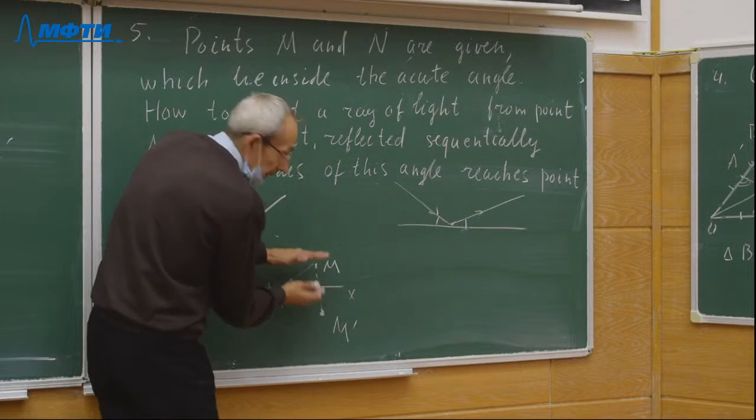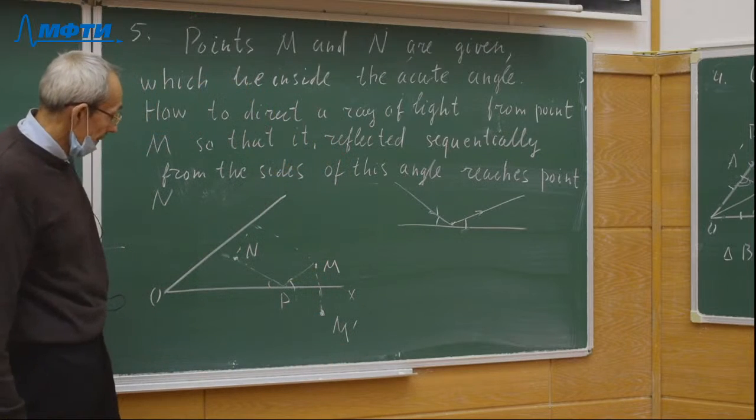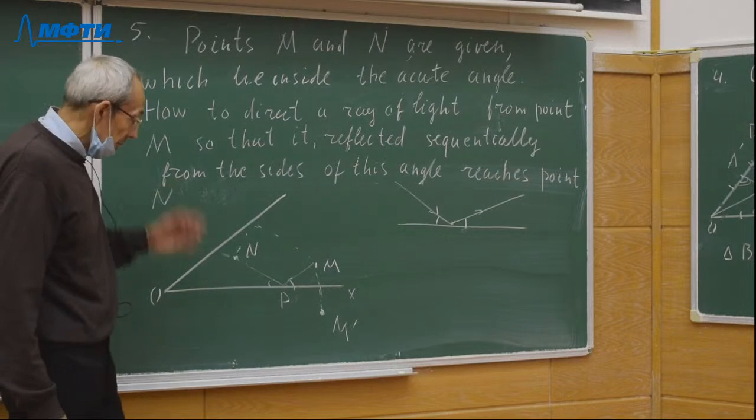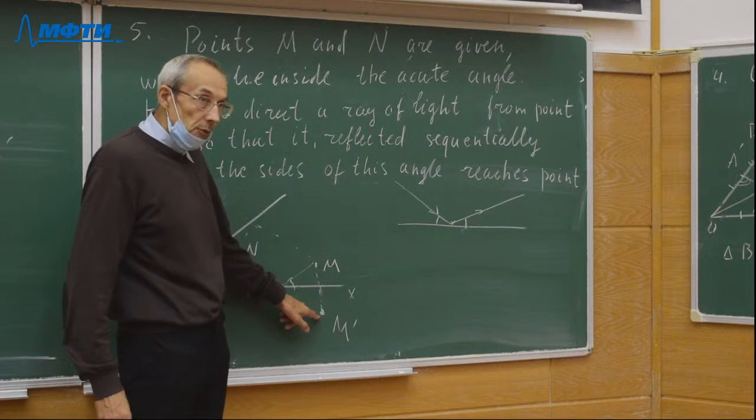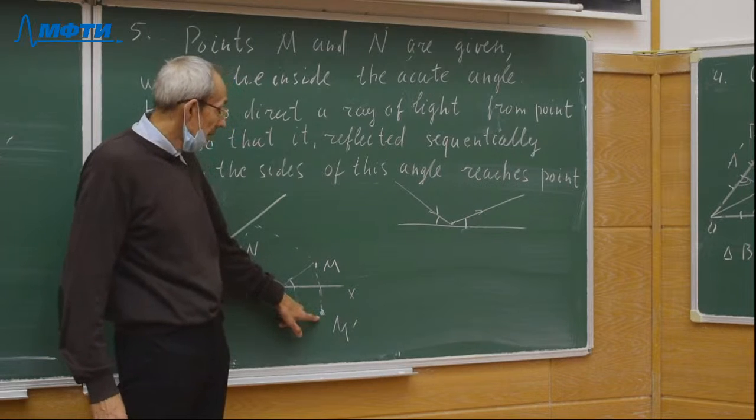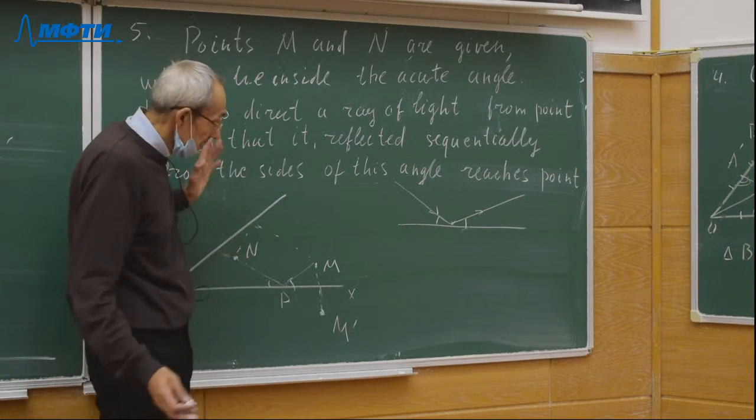We have symmetry for these points. And imagine that a ray moves from M prime to N. It's the shortest way.